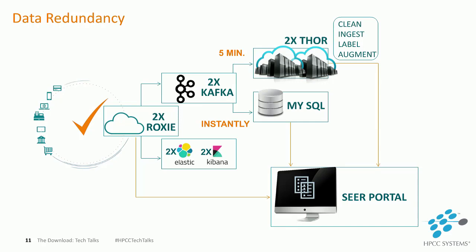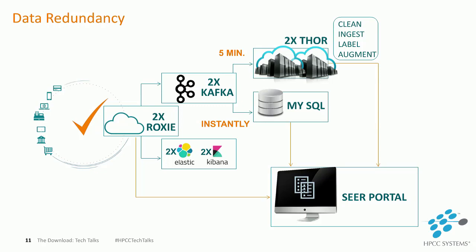We also have 2 brokers running on Kafka. So all of our queues are replicated across 2 physical machines. Similarly, we have 2 instances of Elasticsearch running. So you have the same data replicated. And on the back end, we of course have 2 instances of Thor running. We also have MySQL.